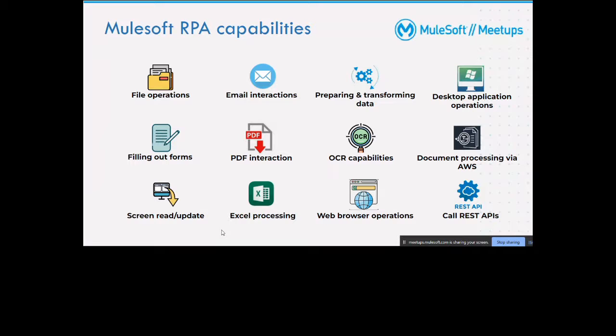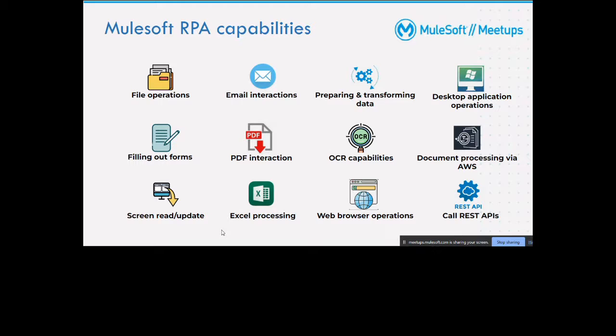It can prepare and transform data. It can automate a desktop application. It can automate a web browser based application. It has capabilities to interact with PDFs and Excel files. It has features to get text out of images, so it has inbuilt OCR capabilities. That's optical character recognition, wherein you want to do something with images instead of having elements.